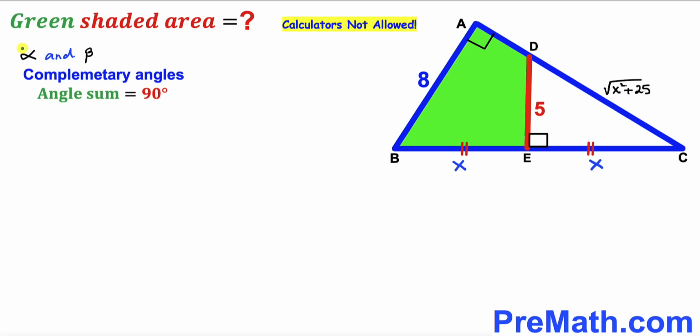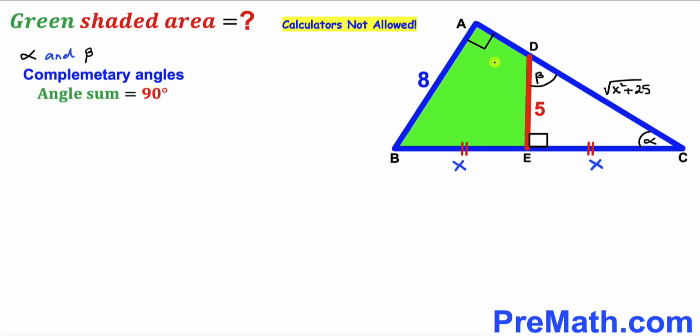Now let's assume that alpha and beta are our two complementary angles. In other words, the sum of these two angles is going to be equal to 90 degrees. If I label this angle as alpha, then in this triangle CDE, this angle has got to be our angle beta, since this angle is 90 degrees.